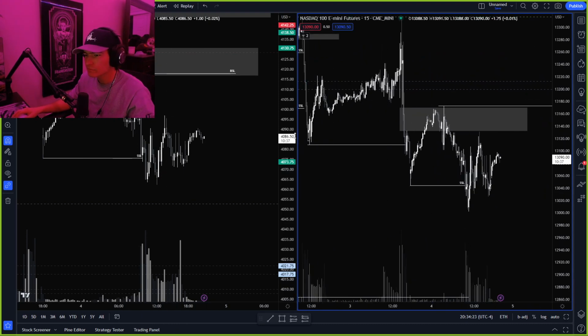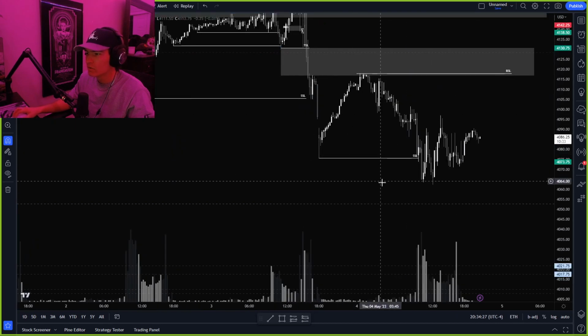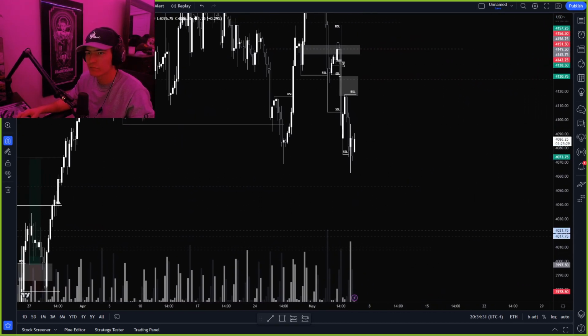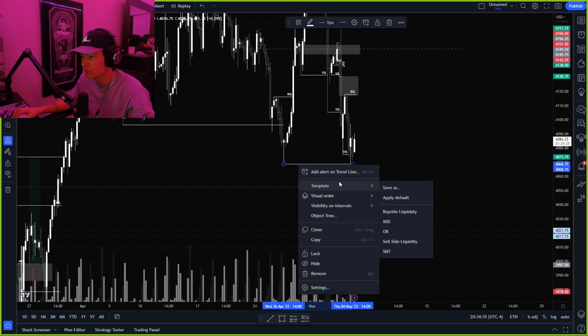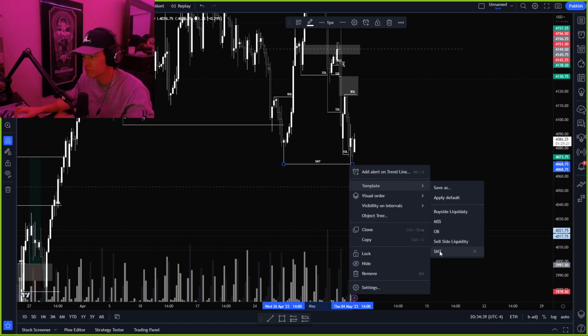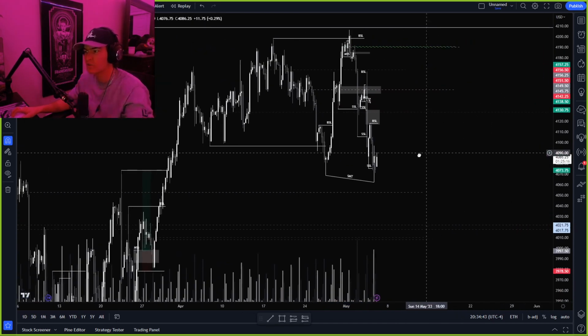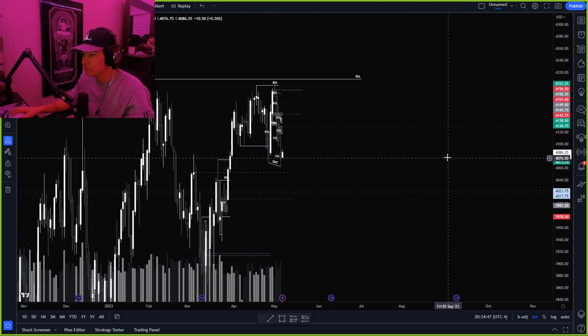So first thing I want to do, let's take a look at ES first. 4-hour time frame. Again, just swept that low. Well, I'm actually just going to draw this in because we are forming SMT now at the lows. So, looking at a daily, what do you see?